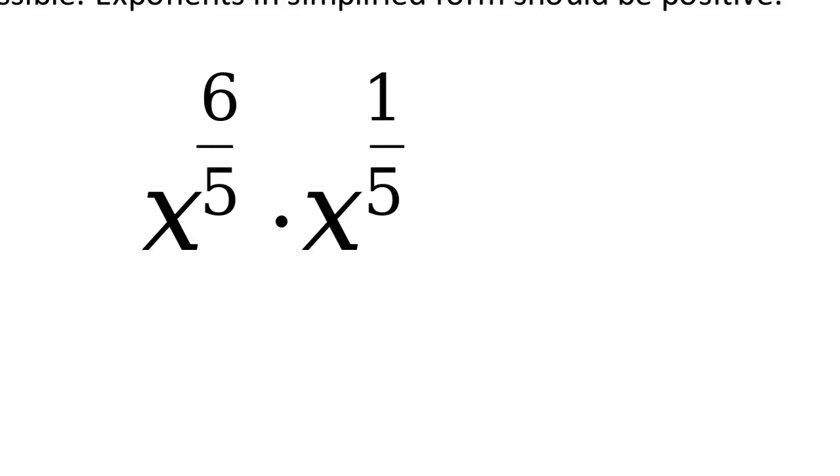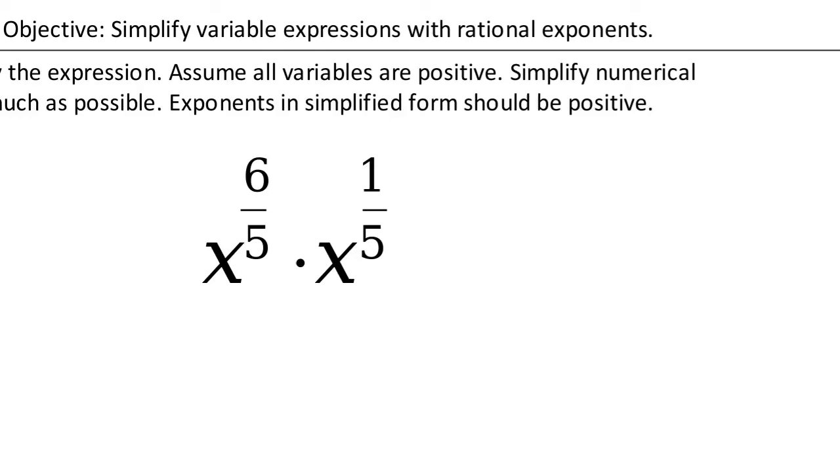x to the 6 over 5 times x to the 1/5. All right, so this is something being multiplied with the same base raised to powers. So I have x to the m times x to the n. What's my rule? What do I do to the exponents? Add, subtract, or multiply?